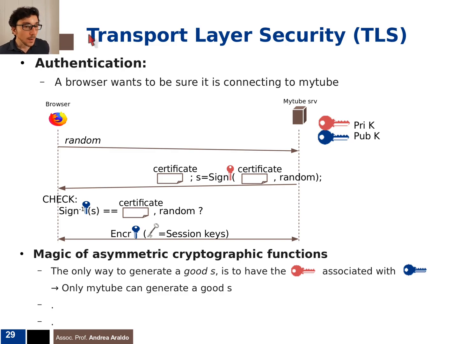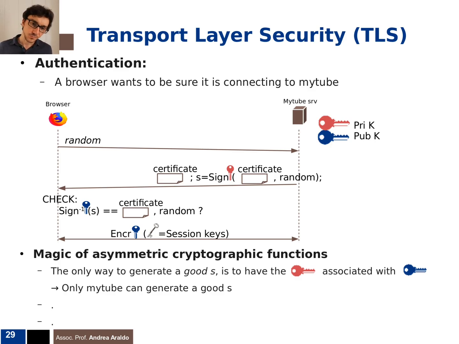When a client instantiates a TLS channel to a server, supposedly a MyTube server, it first needs to be sure that on the other side the node is actually MyTube and not anyone else, an attacker, a malicious user who is impersonating MyTube.